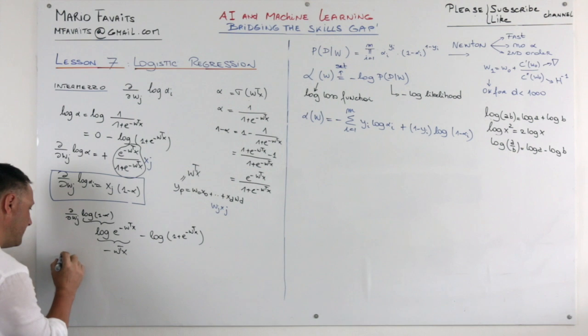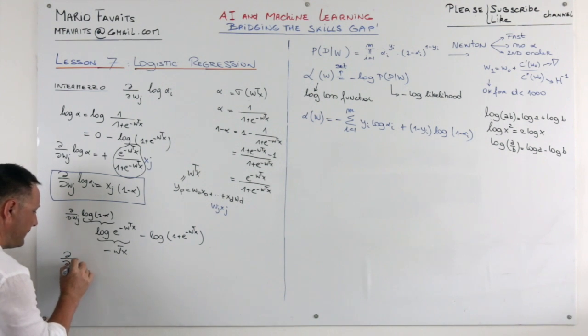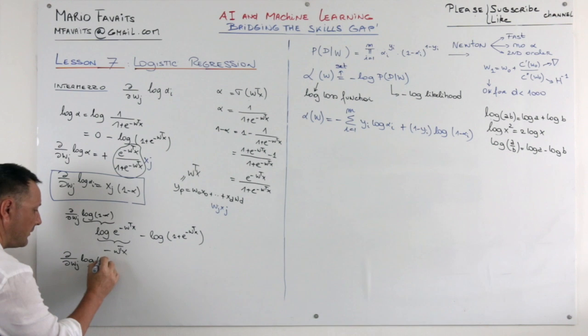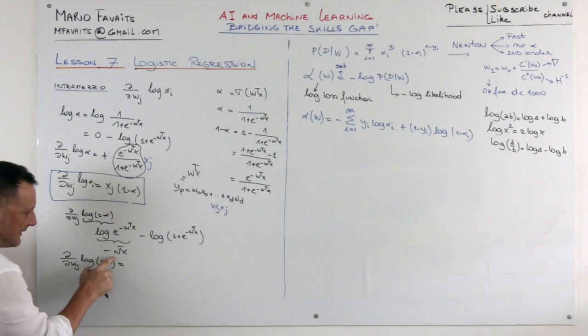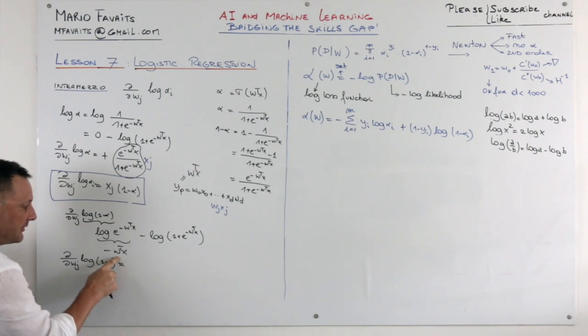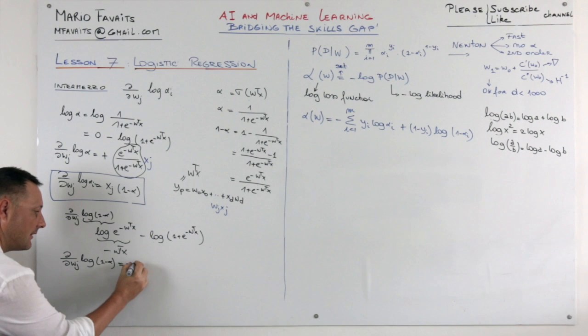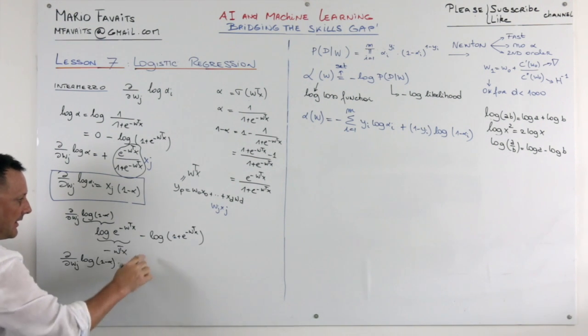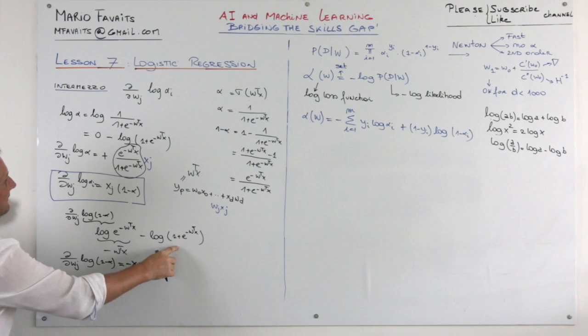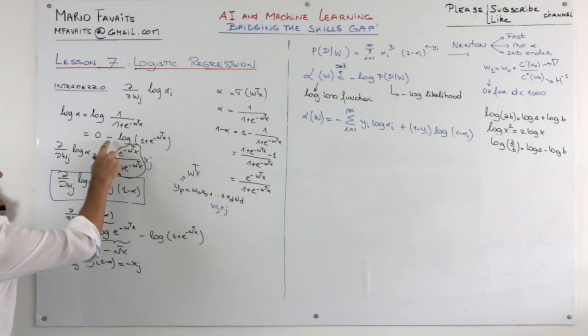So if I'm gonna derive with respect to w of the log of 1 minus alpha, then it's equal to, if I derive this here for wj, what I'm gonna be left with is xj. It's basically the same as what happened here, and minus the log of this is this one here.